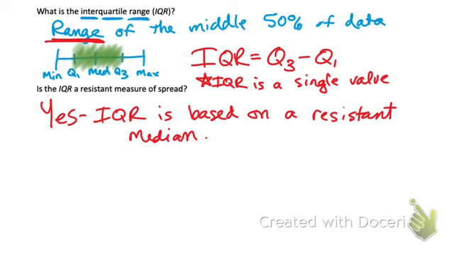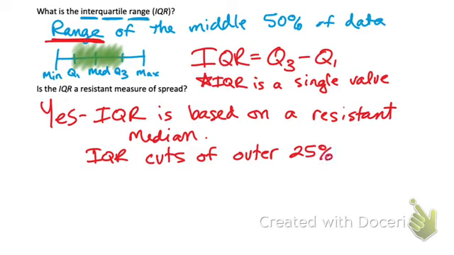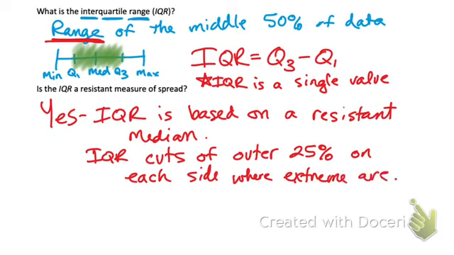So I'm basically cutting off the extreme values so they can't affect it. So IQR cuts off the outer 25% on each side where extremes are. So you can't get to me, extremes. I'm in the middle. Take that.